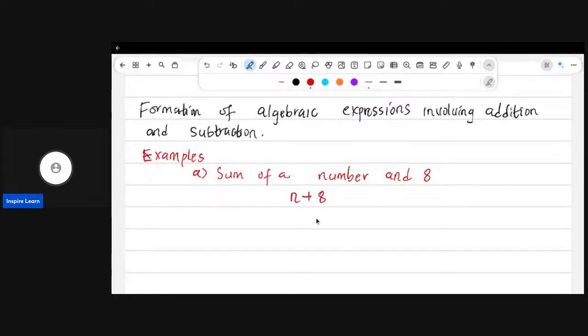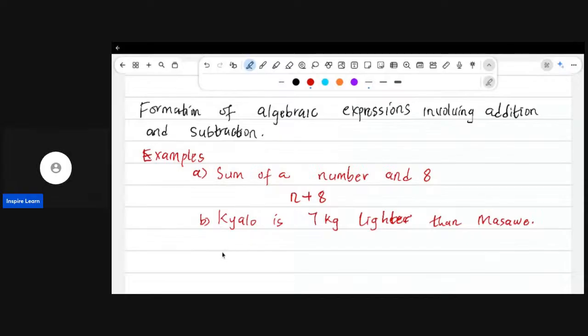n plus 8. So we can also have B, a question telling us that Kilo is 7 kg lighter than Masawe.